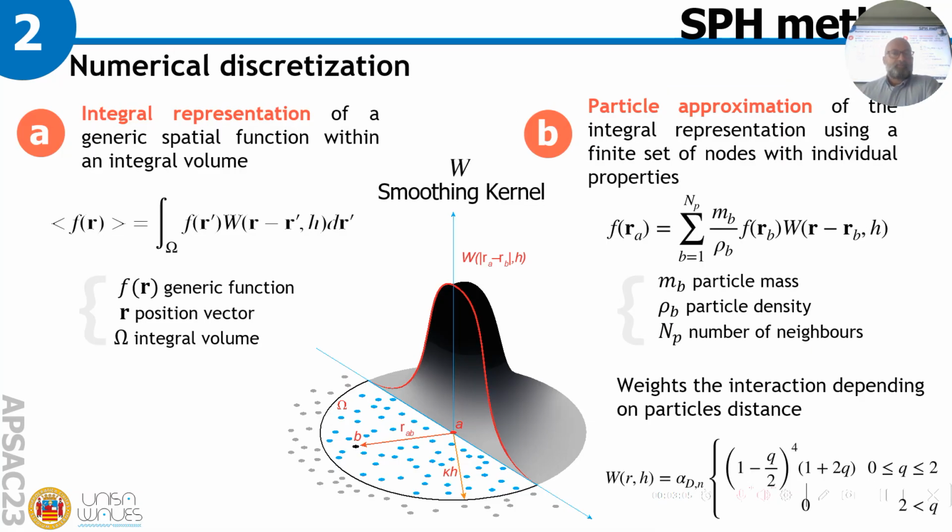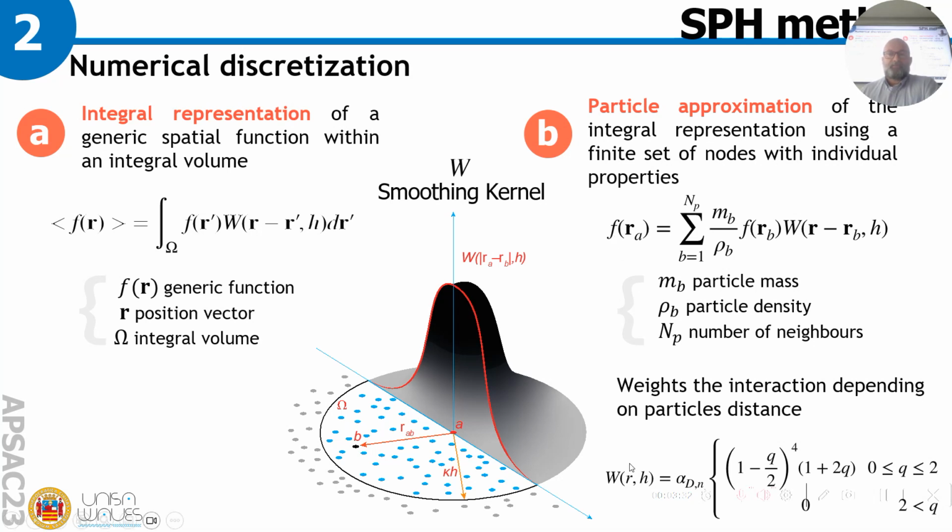Here you can see the situation better. The support domain typically is circular for two-dimensional simulation, or otherwise spherical. Properties are derived using a weighting function, the Gaussian-like one depicted in the picture here.